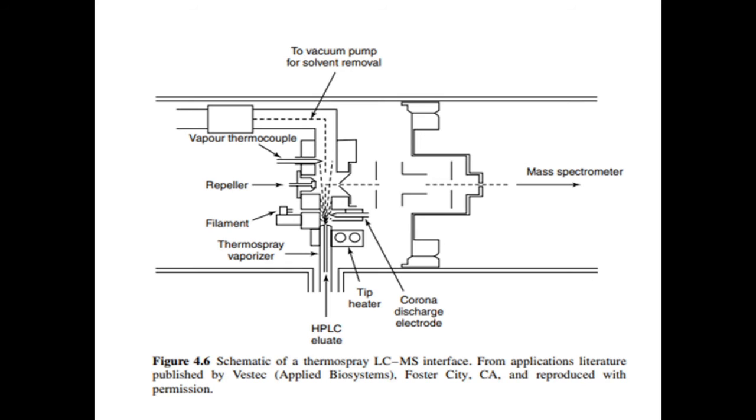But if ammonium acetate buffer is used, depending upon the relative proton affinities of the species present, an ammonium adduct molecular ion, [M+NH4]+, may be the predominant ion. In addition, clusters may be formed with components of the mobile phase.